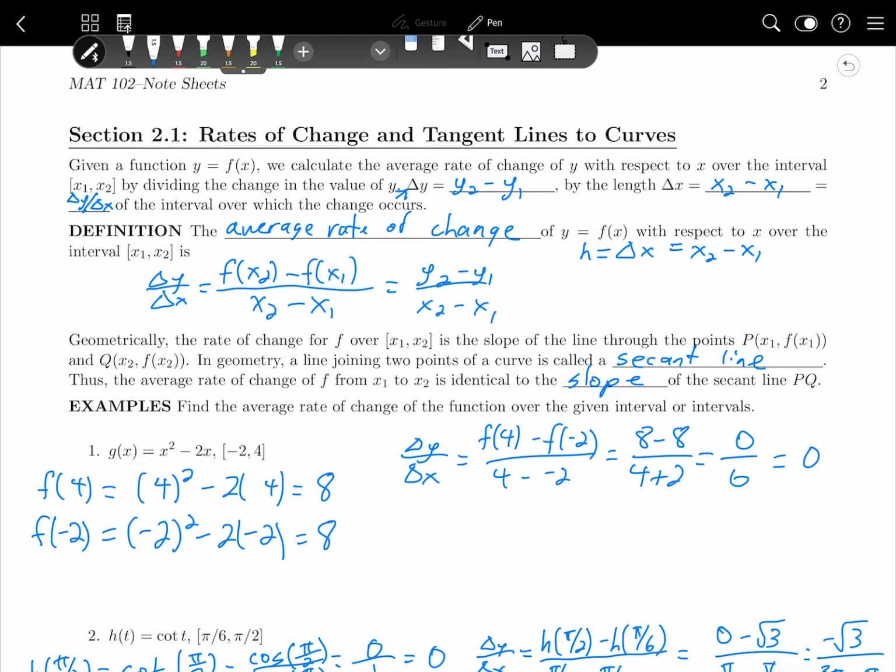Then this formula becomes f of x sub 1 plus h minus f of x sub 1 over h. Okay, so this is another way to look at this formula.